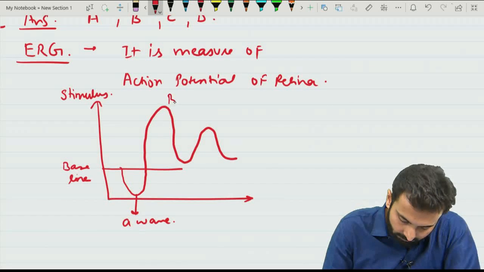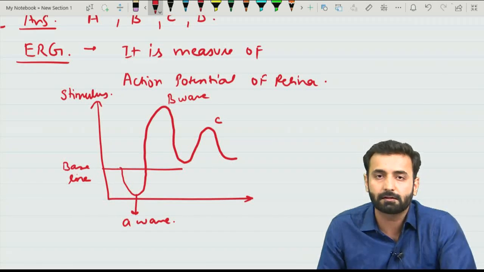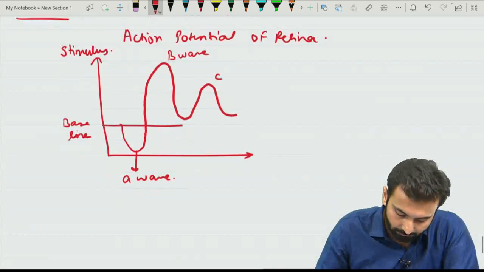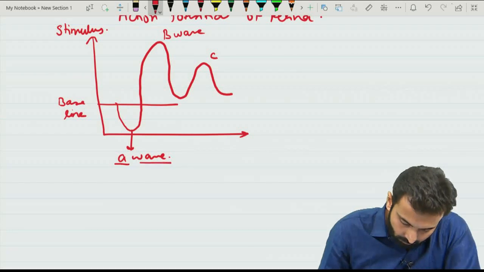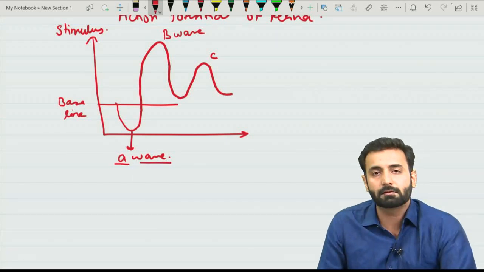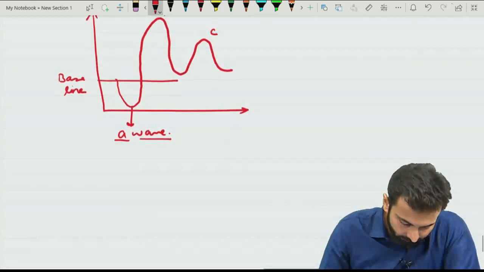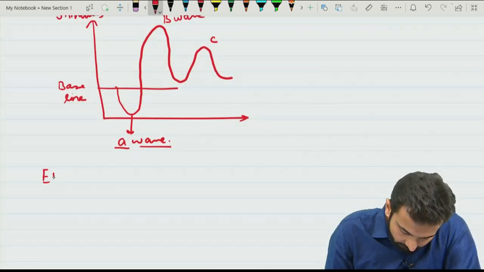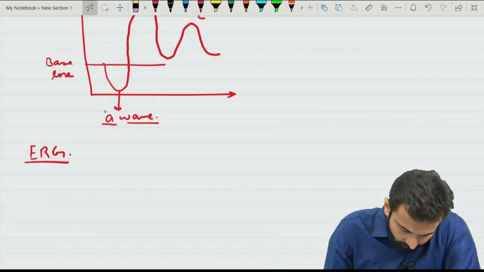This one is the B wave and this is the C wave. In the A wave, the deflection is negative, in the direction below the baseline, so it is a negative wave. You should know what are the A wave, B wave and C wave, right?